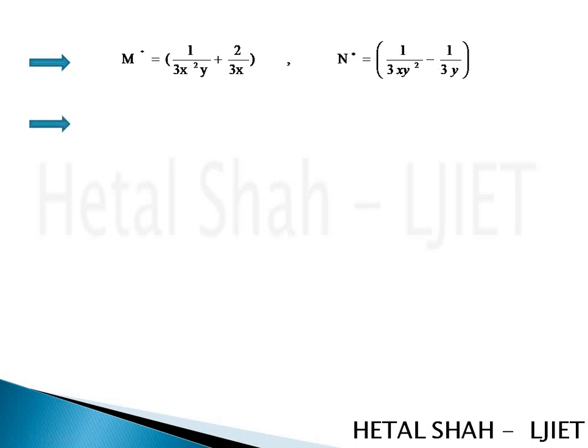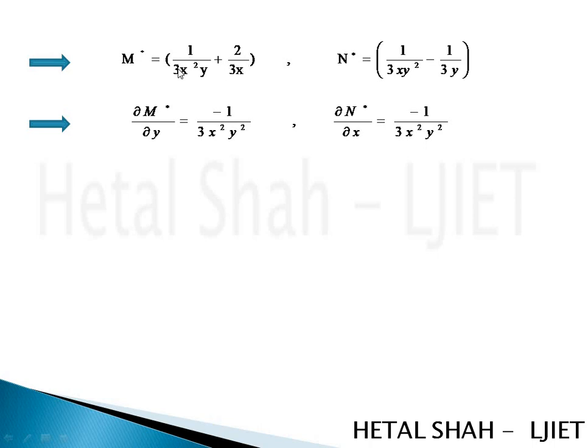Now check the necessary and sufficient condition for exactness, that is del M star by del y and del N star by del x. The derivative of M star with respect to y: in the second term there is no y, so it is constant and its derivative is 0.